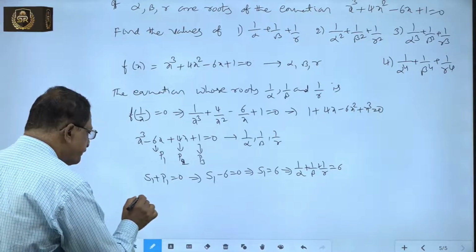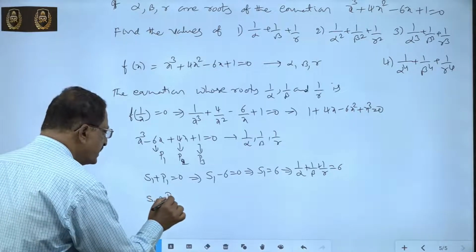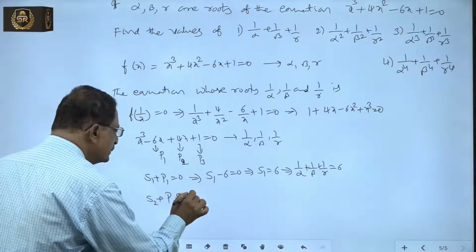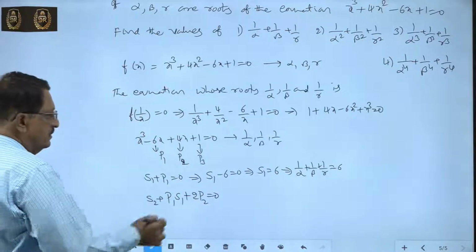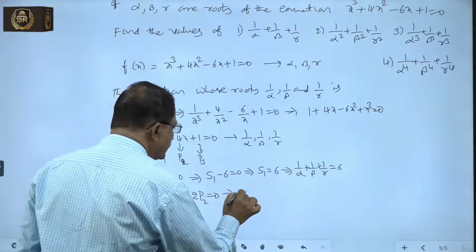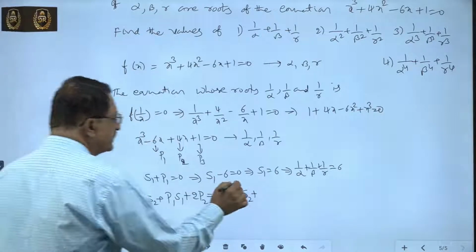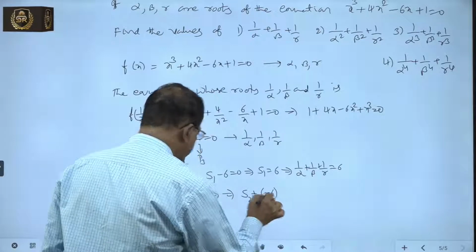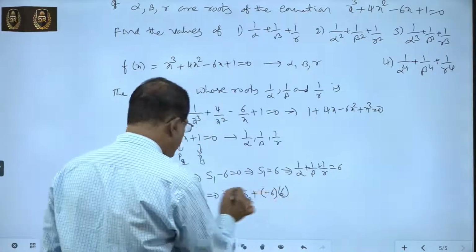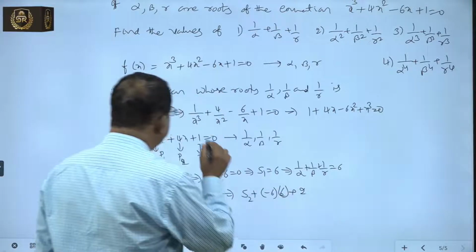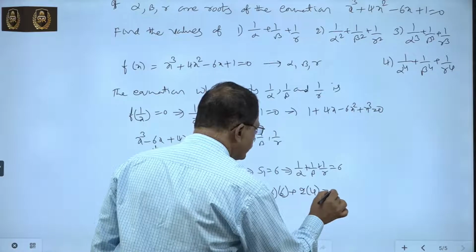Next, S2 plus P1 S1 plus 2 P2 equals 0. Now S2 plus P1 equals minus 6, S1 equals 6, plus 2 P2, here P2 equals 4, 2 into 4 equals 0.